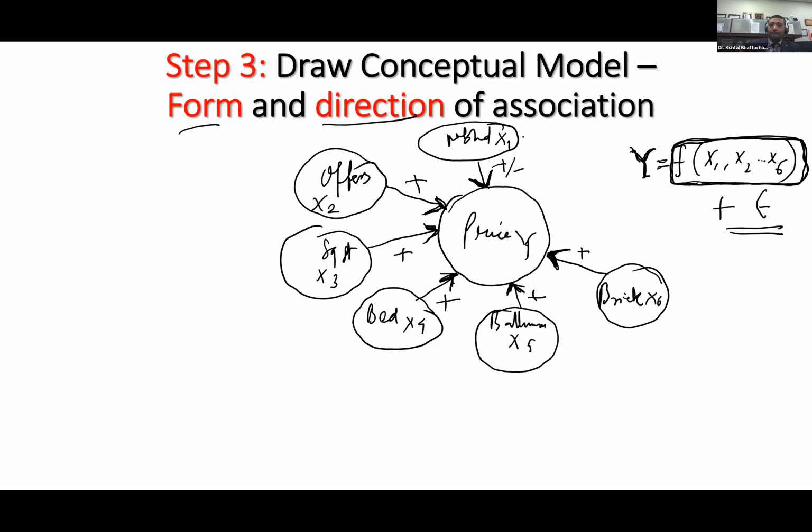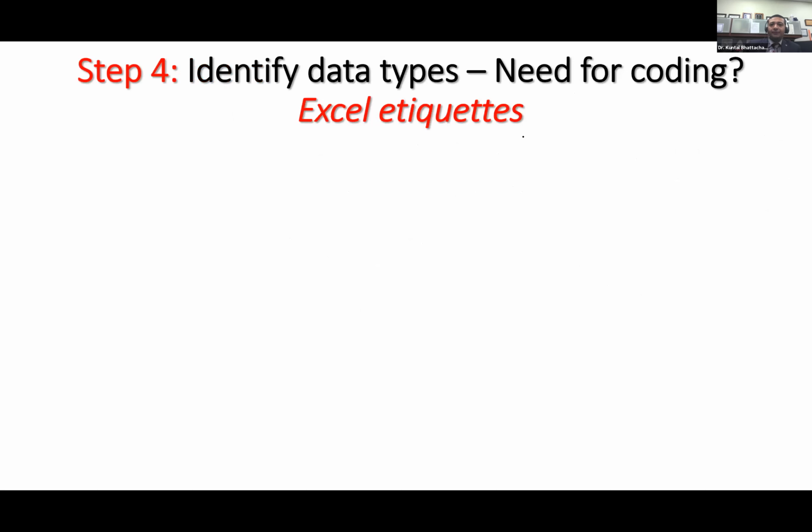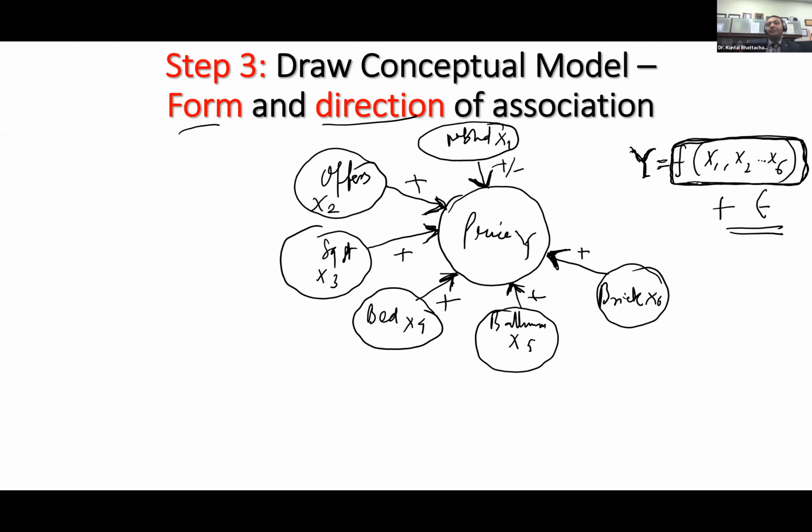Now, the next important step is identifying the data types and understanding if there is a need for coding of data or not. Okay, and so I'll go back to the previous step, and I shall actually identify the data types right here, and I'll keep it very simple.